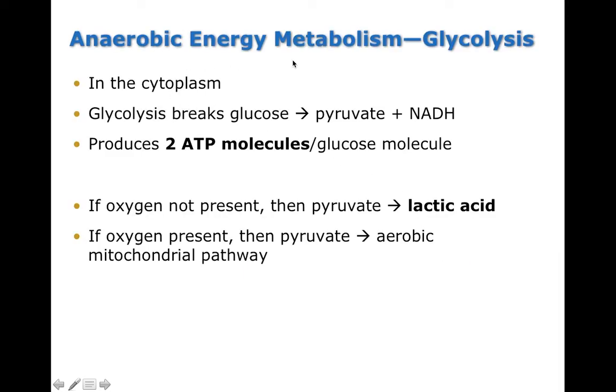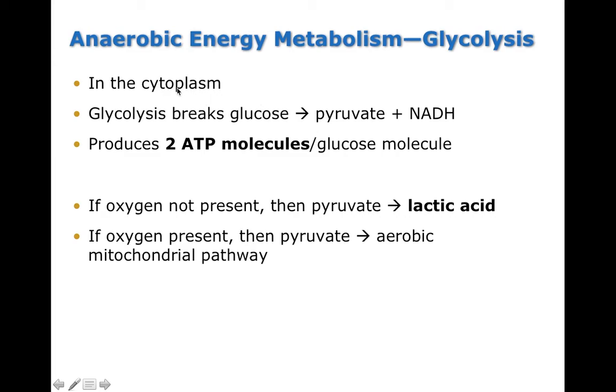And so in terms of metabolism, we know that there's several key types. We're going to first talk about anaerobic metabolism. And anaerobic means it doesn't require oxygen to occur. Anaerobic metabolism in our eukaryotic cells occurs at the level of glycolysis, and glycolysis means breakdown of sugar, and this happens in the cytoplasm of the cell.